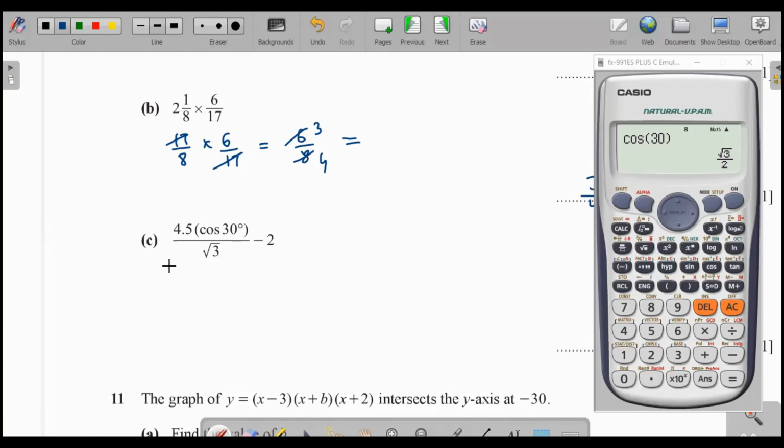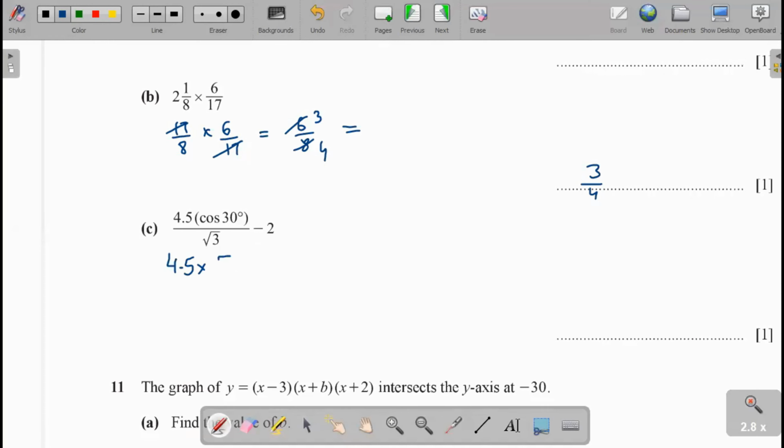Now we write it 4.5 multiplied by square root 3 over 2, divided by square root 3, minus 2.